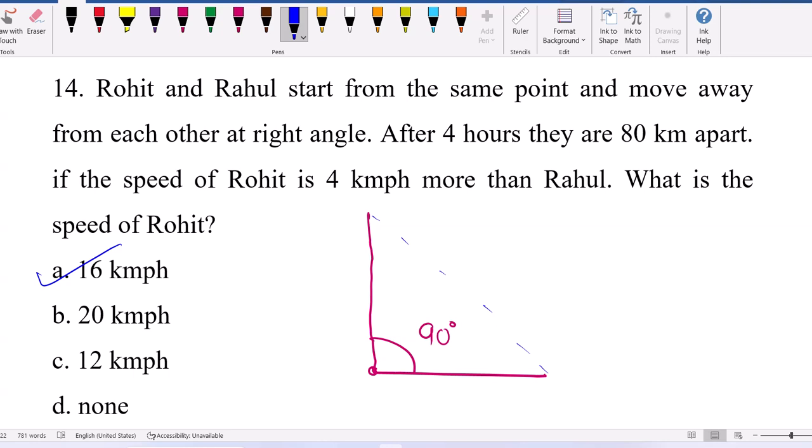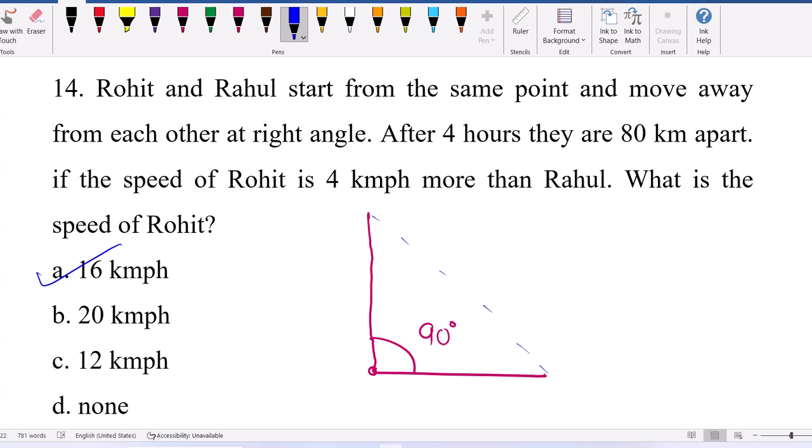How, sir? See, I have a simple idea. Okay, this is a right angle triangle, means it should satisfy the Pythagoras theorem. Okay, you know, hypotenuse square equal to adjacent side square plus opposite side square, right?